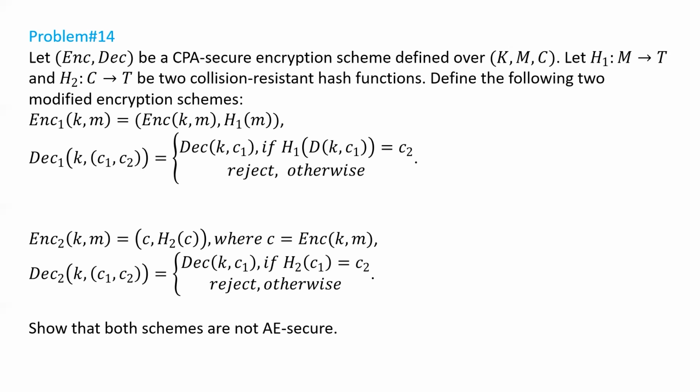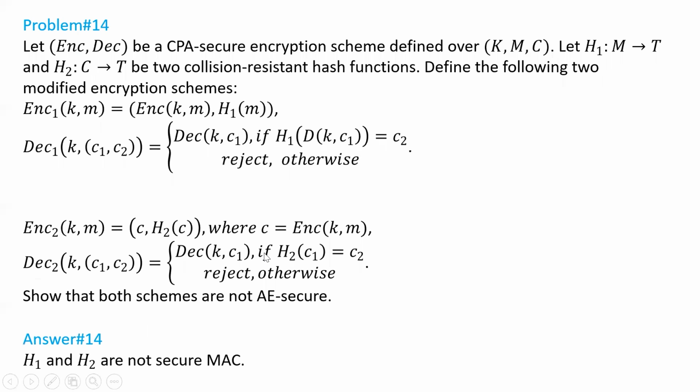But directly using some collision resistant hash function to generate the tag may not lead to a secure MAC, in which case, if your underlying MAC is not secure, then your overall composed encryption scheme is also not AE secure, right? So that is the end of the discussion for this part.